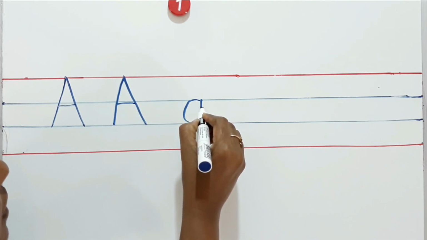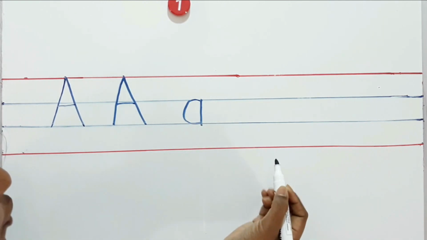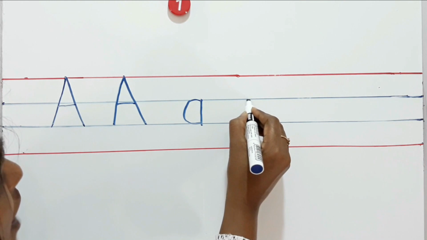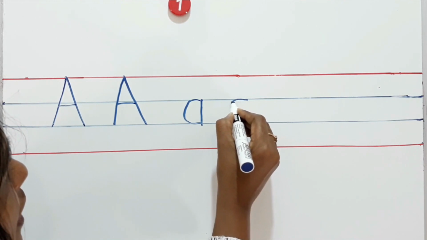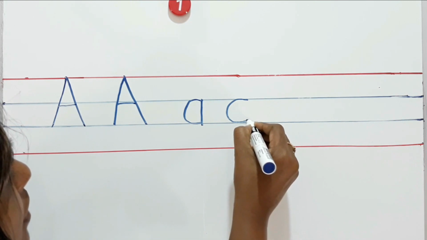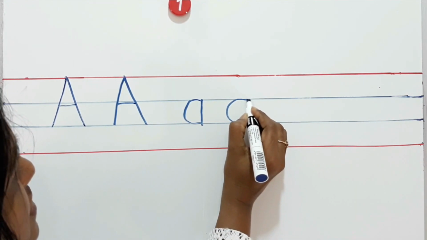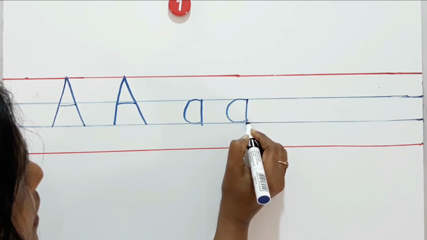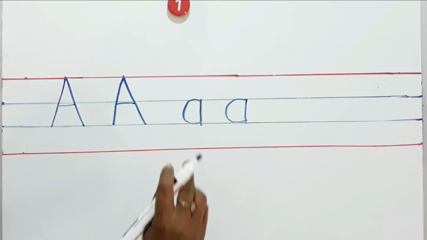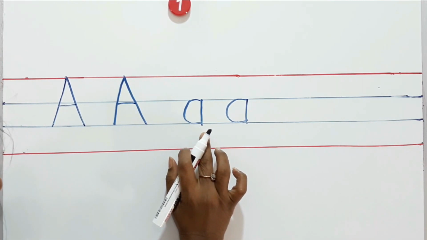Come down a standing line. One more time, starting from the first blue line and come down to the second blue line, round and stop. Go back to the top, a standing line. This is what we call lowercase a, baby a, small a.